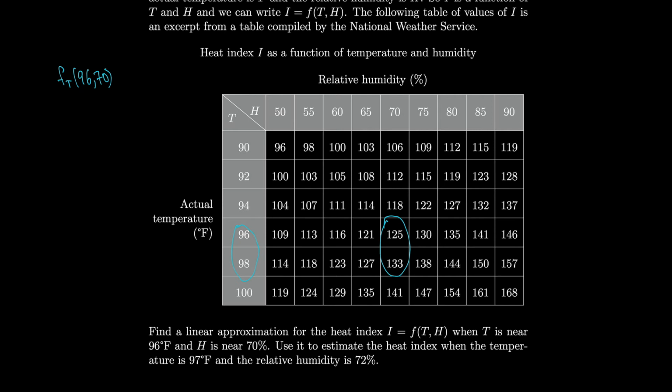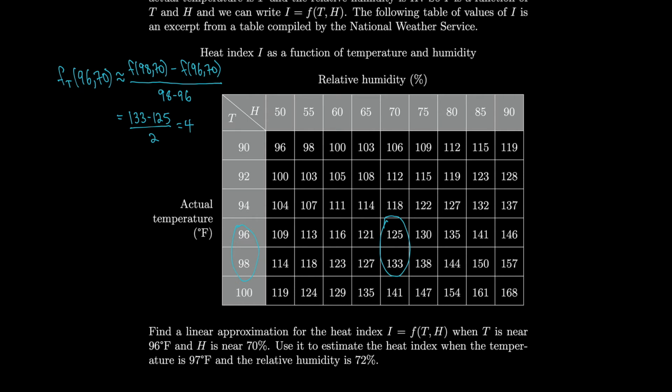So we could say that our partial is approximately f of 98, 70 minus f of 96, 70 over 98 minus 96. That's the slope of the secant line there. So that's 133 minus 125 over 2, which is 4.